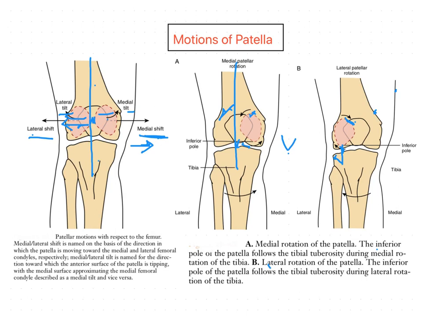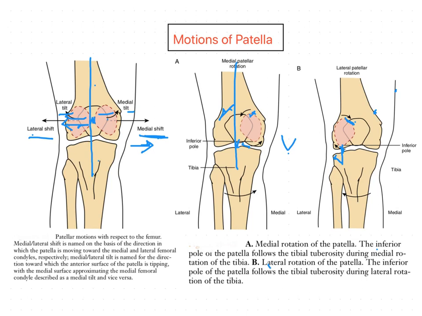There is a simultaneous medial and lateral shift of the patella that accompanies the superior-inferior glide. The patella is typically situated slightly laterally in the femoral sulcus with the knee in full extension. As knee flexion is initiated, the patella is pushed medially by the large lateral femoral condyle.